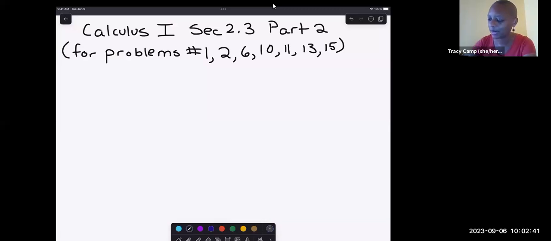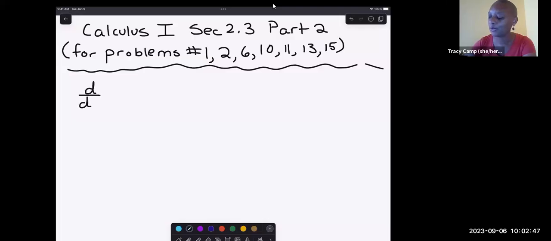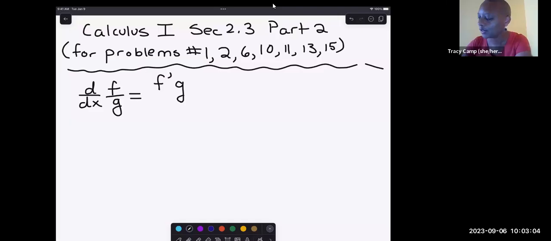Just a reminder from the part 1 video, the quotient rule says that the derivative of a quotient, where you have one function divided by another function, is the derivative of the numerator times the denominator minus the numerator times the derivative of the denominator, all over the denominator squared.